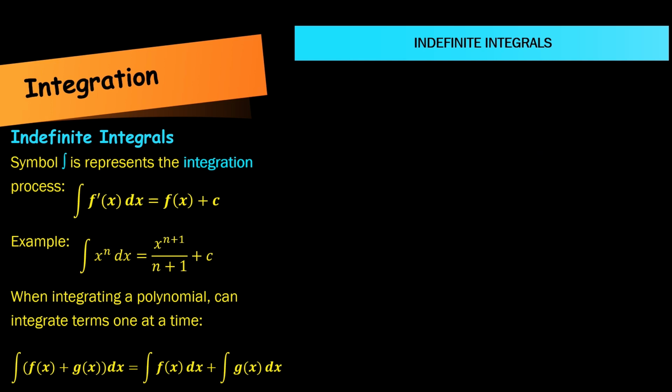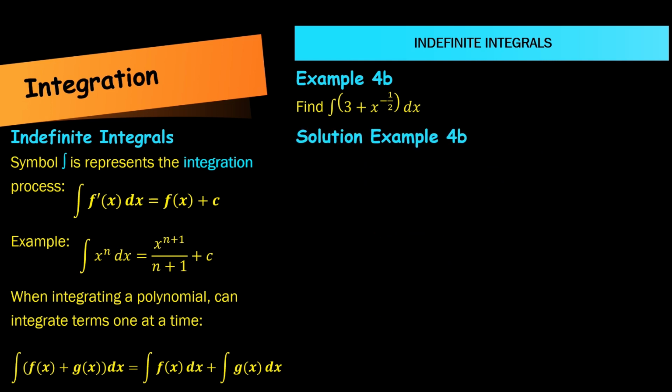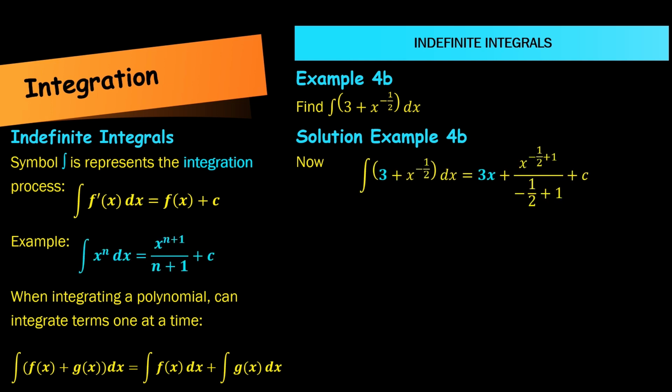And now for example 4b. Let's integrate this expression. Again, we're going to integrate term by term. So the integral of 3 becomes 3x, and the integral of x to the power minus a half becomes x to the minus a half plus 1 divided by minus a half plus 1, plus the constant of integration c, which equals 3x plus x to the half over half plus c.